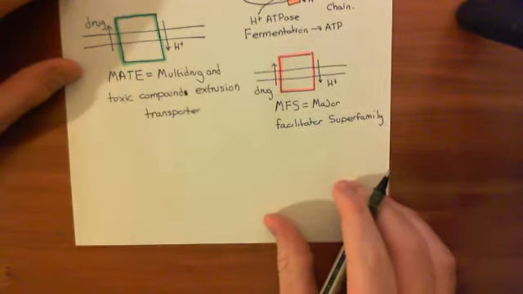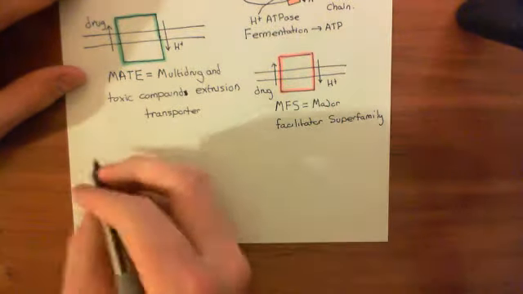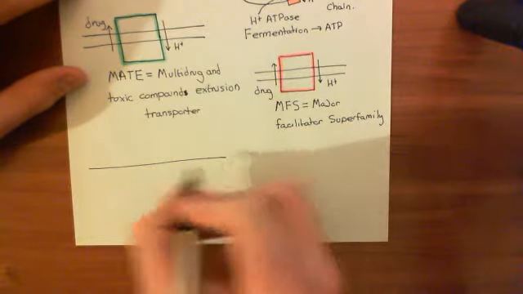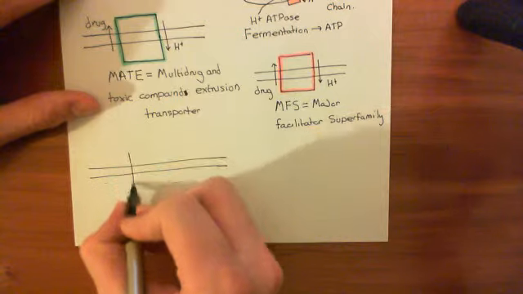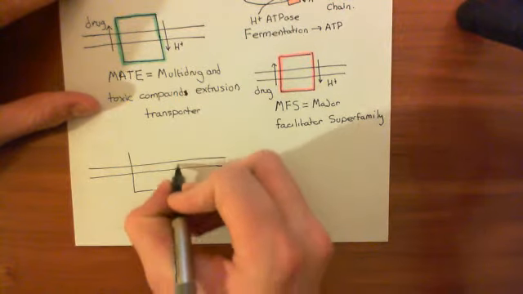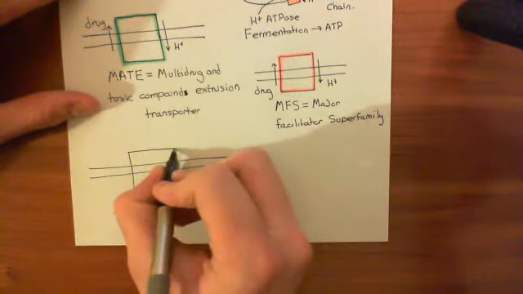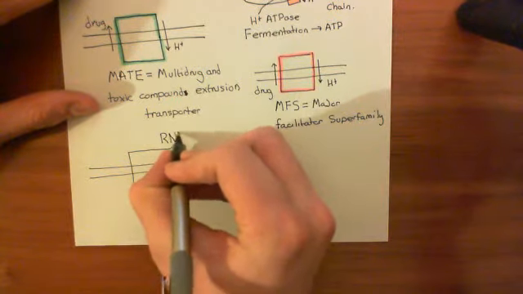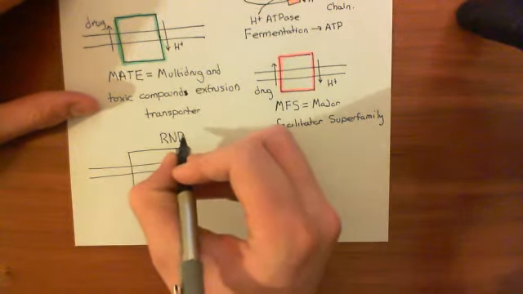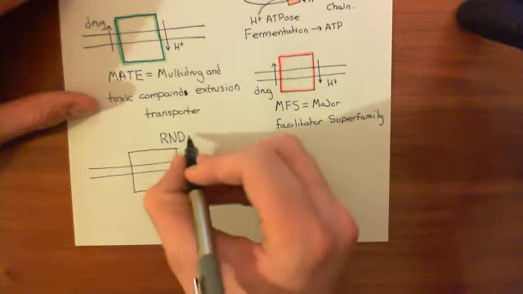And now you'll be pleased to know there's just one more family to talk about, which is the RND family, which again we'll be hearing a lot about. We'll look at the structure of these in a lot of detail. So this is the RND family, which stands for Resistance Nodulation Cell Division family.